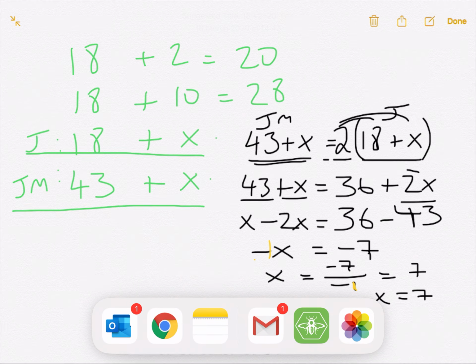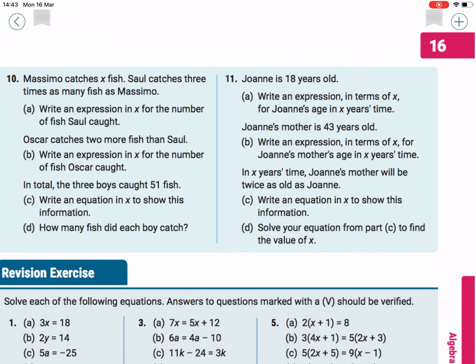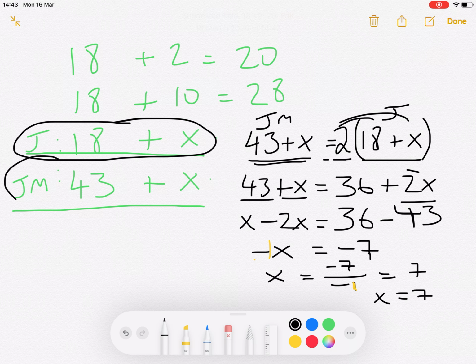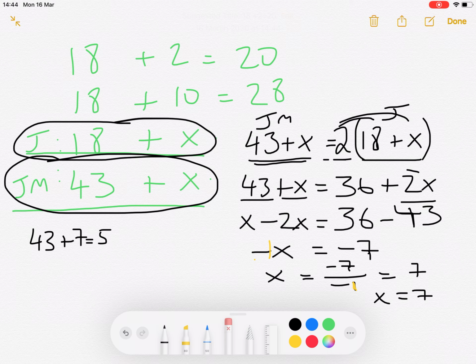Alright, so we figured out what X is, but let's just see what the question says. Find the value of X. Now, just to make sure that we're clear on it, I know that X is 7. So let's go back to where we started off. Joanne is 18 plus X, and Joanne's mother is 43 plus X. So Joanne's mother is 43 plus 7, which is 50, and Joanne is 18 plus 7, which is 25.